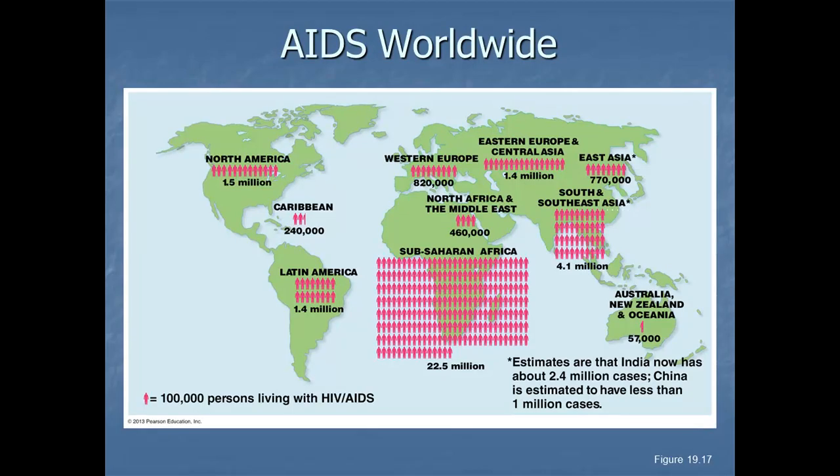Looking worldwide, of course, Africa has a larger amount of HIV-infected individuals, and then Central and Eastern Asia, North America, Latin America, and of course South and Southeast Asia.